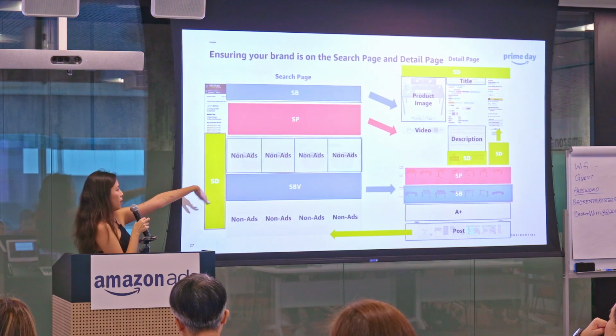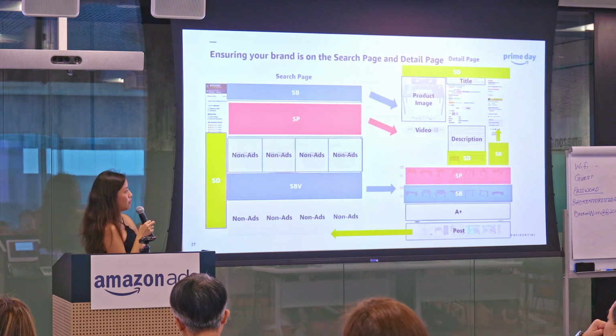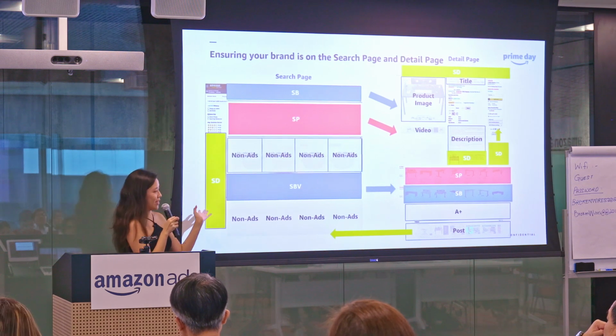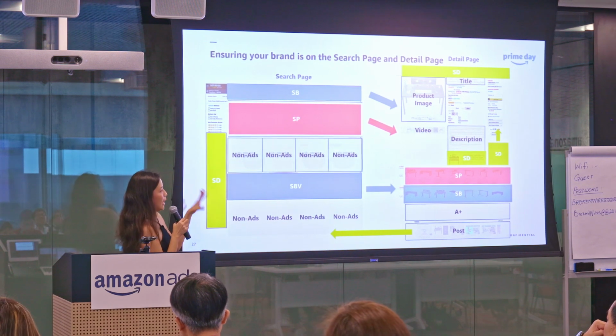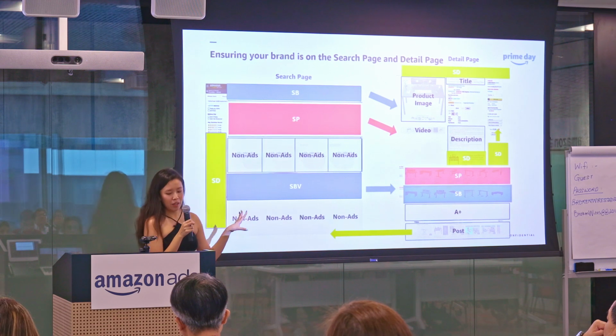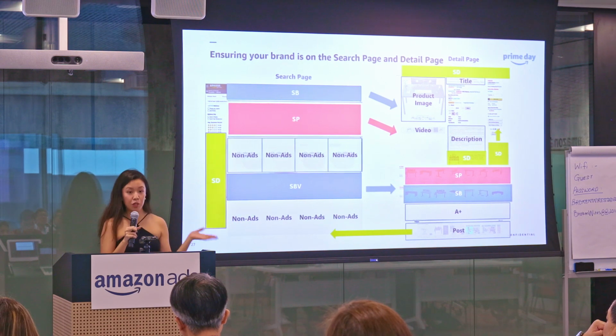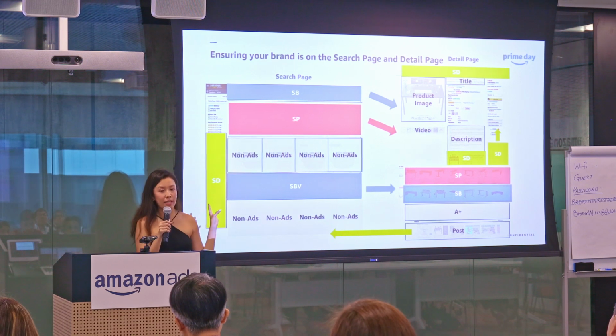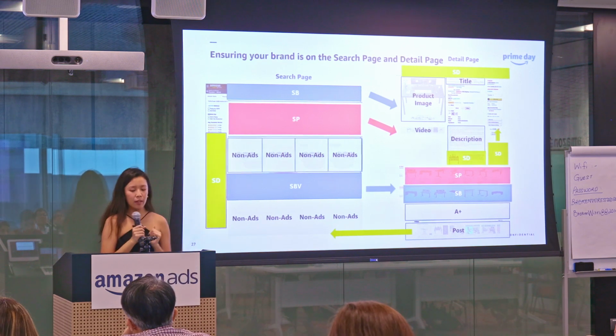And of course, there are other different placements for sponsored brands. What I'm trying to say is, you want to ensure that your brand is appearing on the search page effectively. You want to maximize the placements that you are appearing on.